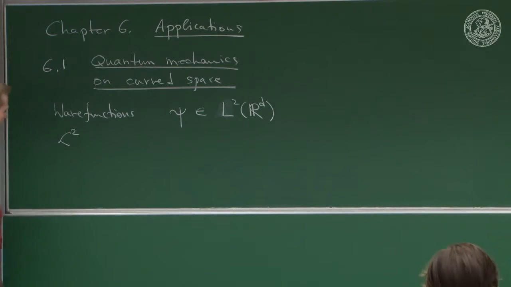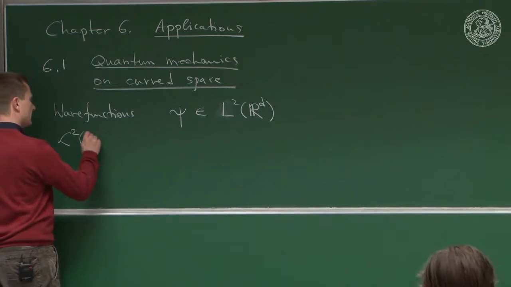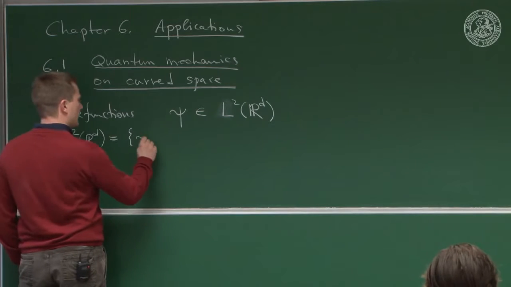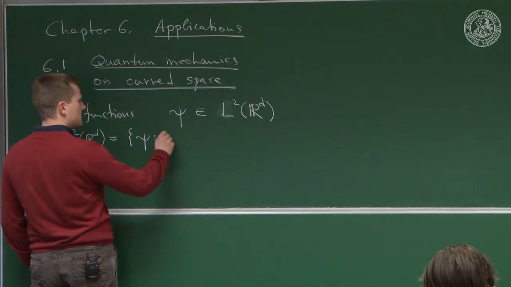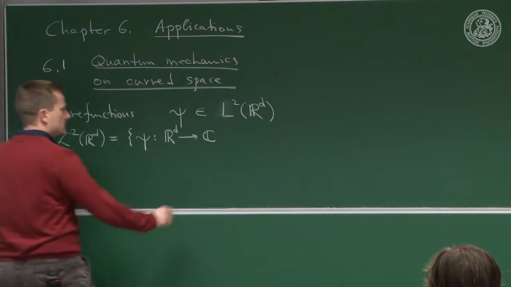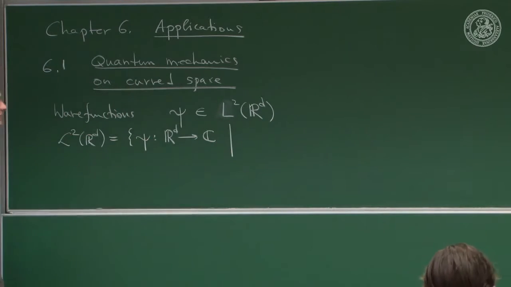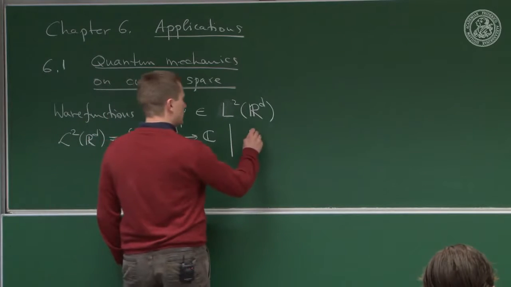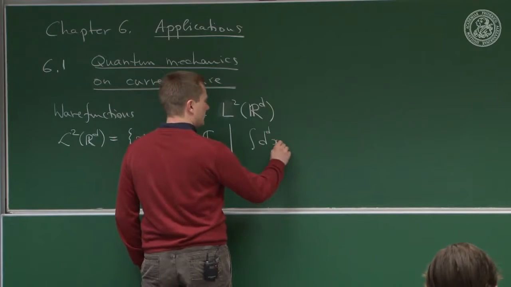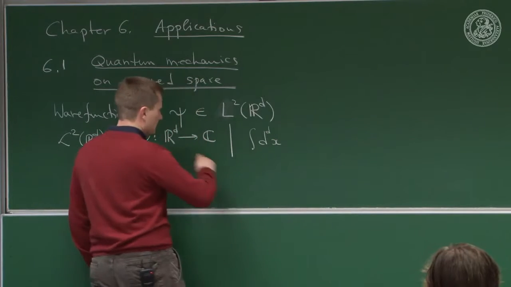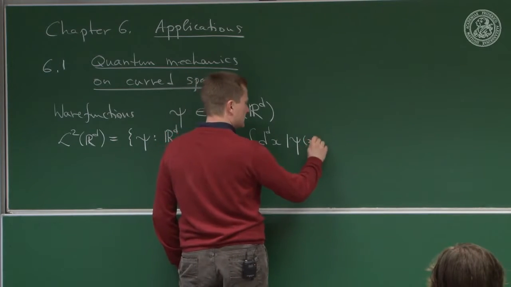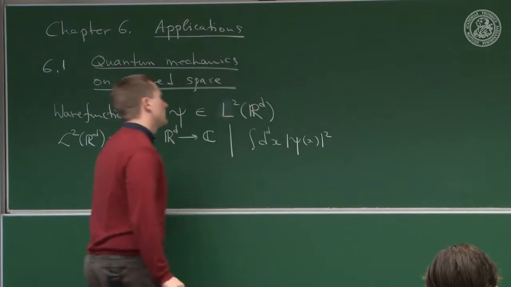Let's first have a script L2 of R^d, and let's say that's the space of all psi, which are complex valued functions on R^d, such that a certain integral converges, namely the integral dx of psi absolute value squared converges.